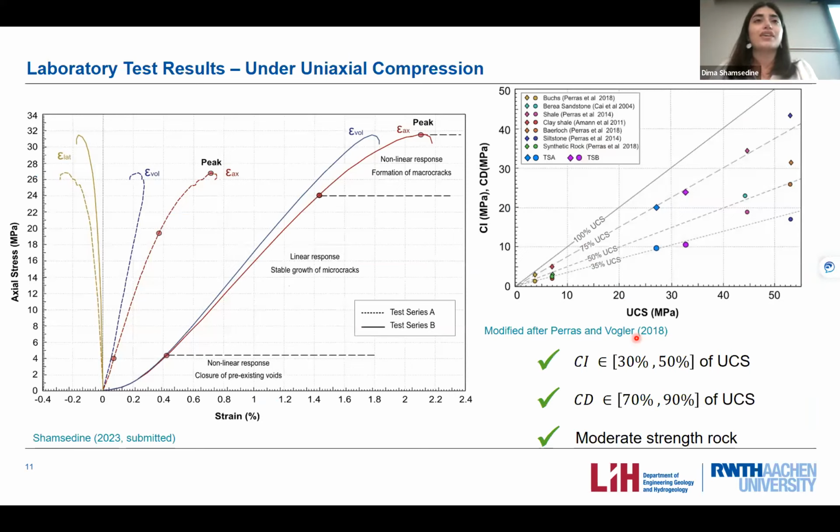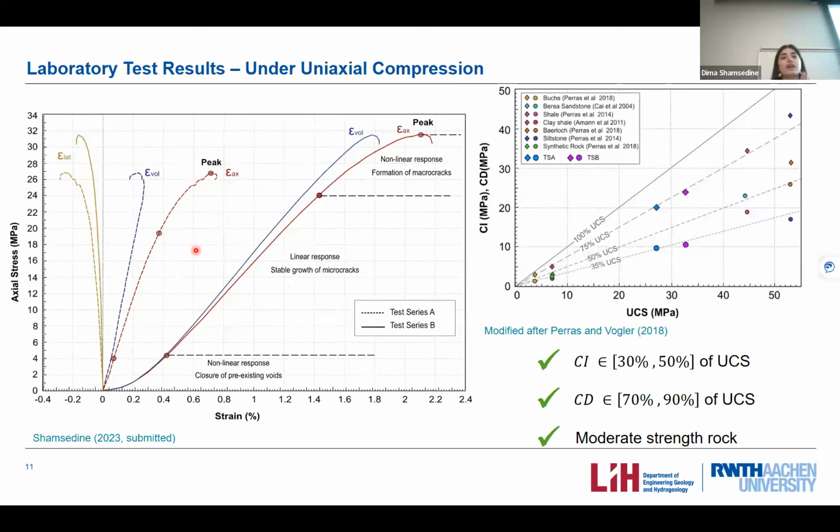Now, arriving to the experimental results, the graph on the left-hand side here shows the variation of the axial stress applied as a function of the strains. We have axial strain, volumetric strain, and lateral strains.